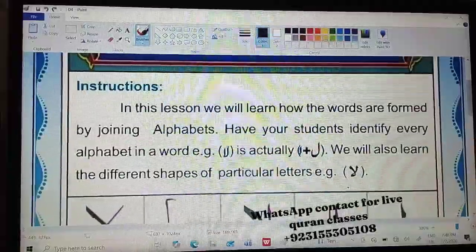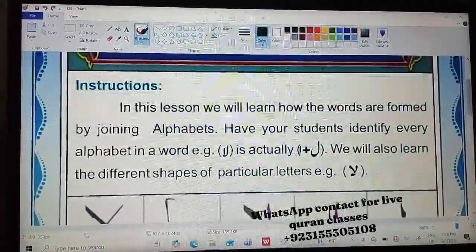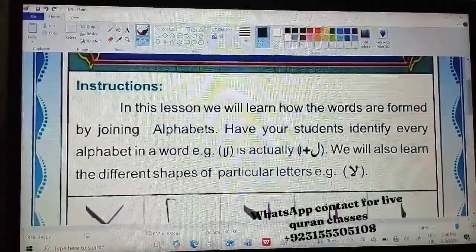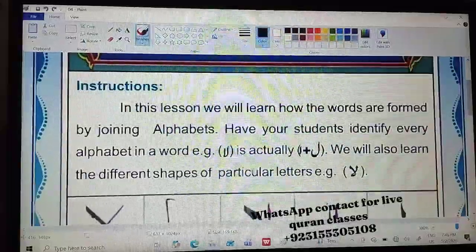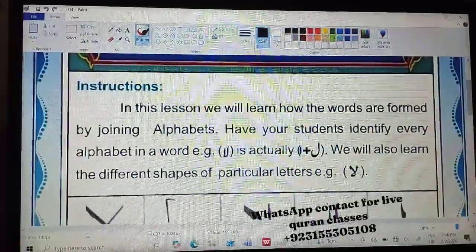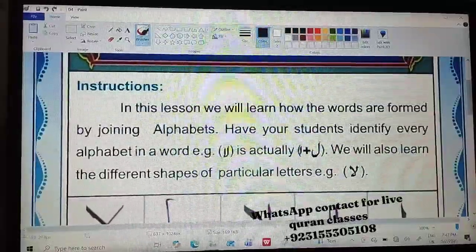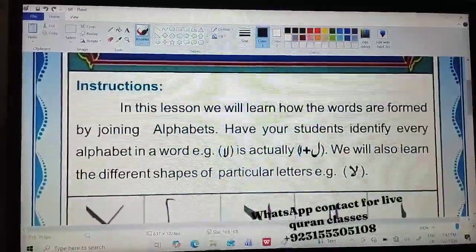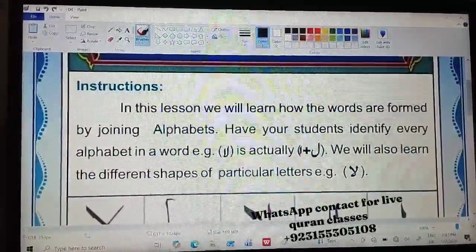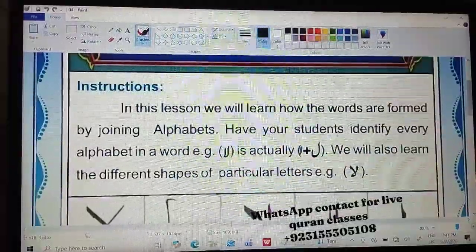In this lesson we will learn how words are formed by joining alphabets, how to identify every alphabet in a word, e.g. lam alif is actually lam plus alif.